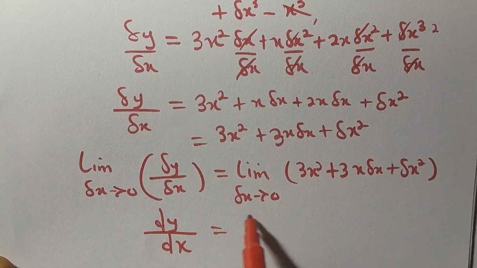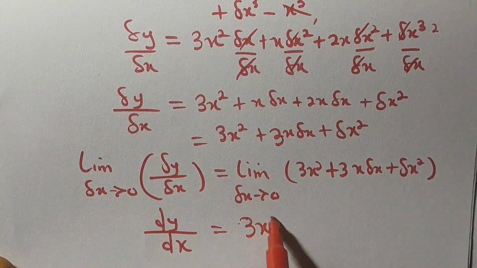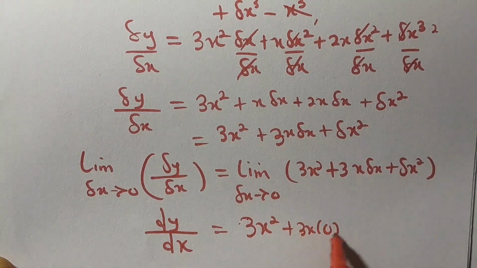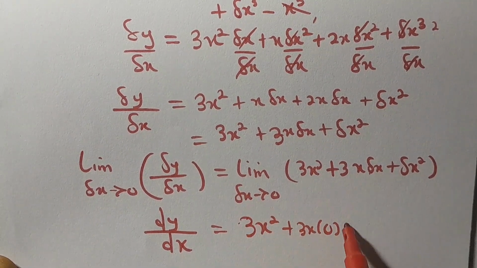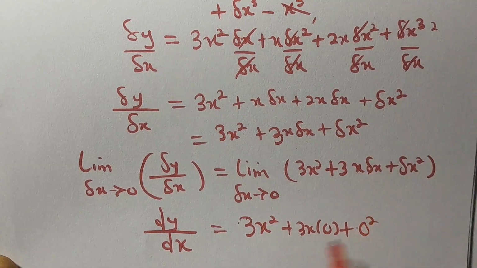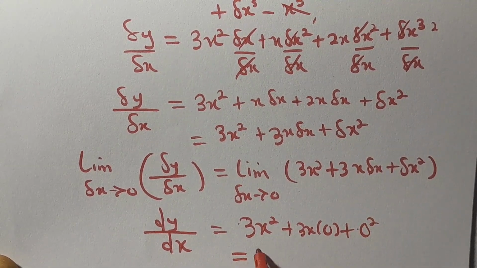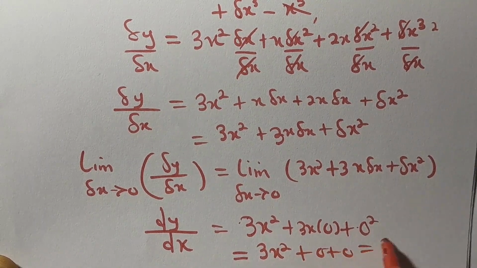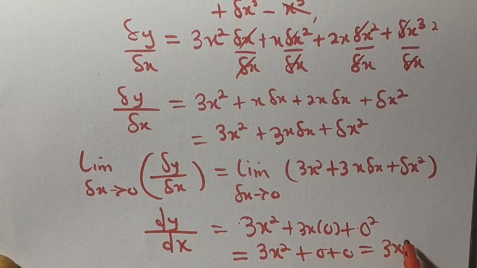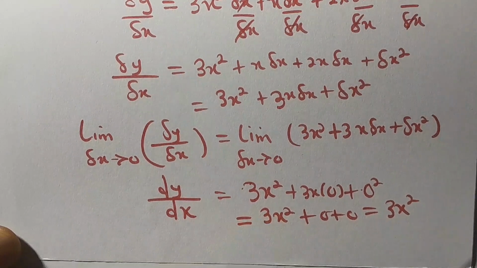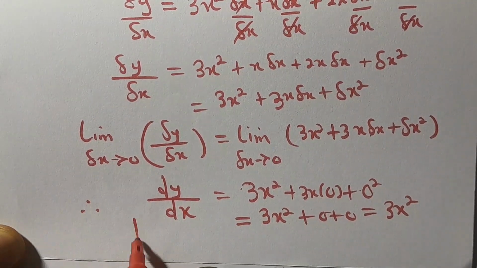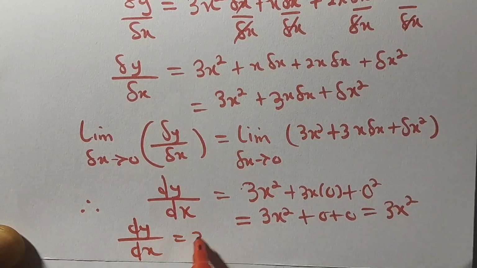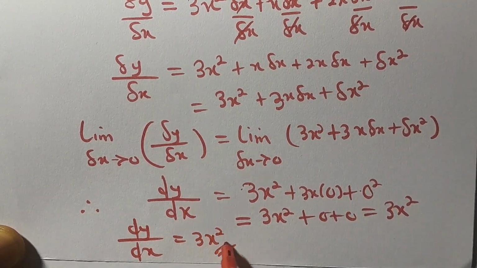And this one will now be 3x squared plus 3x into bracket of 0. This one will change to 0 plus 0 squared. And this one will now be 3x squared plus 0 plus 0, which equals 3x squared. So therefore, dy over dx equals 3x squared.